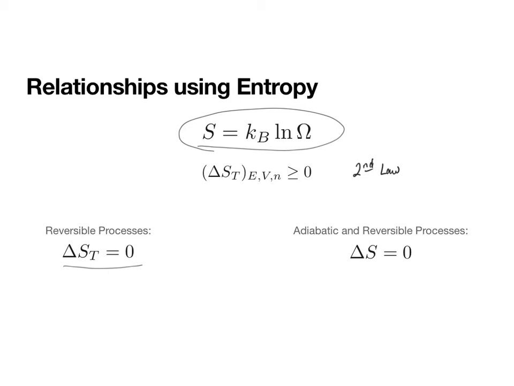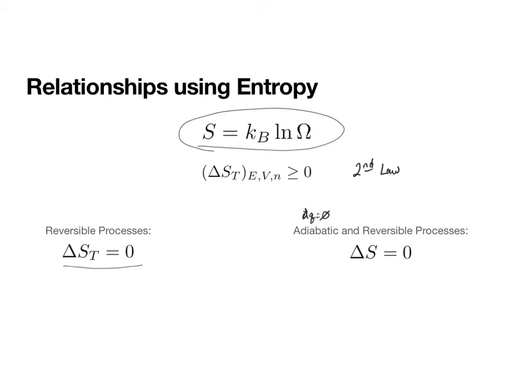When a process is adiabatic, remember that is when dq is equal to 0. When it is adiabatic and reversible, then delta S of the system is 0. These differences are because reversible systems are always at equilibrium.